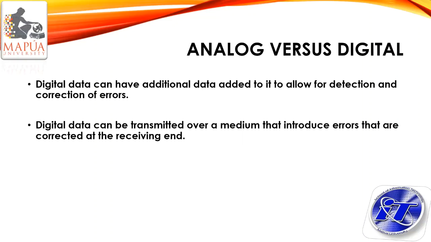So we could easily correct those errors encountered by a signal when it is received by the receiver. So it is easier to get the original data using digital compared with analog, even though it has lots of noise when we transfer it. Again, it is easy to implement error detection and correction when using digital compared with analog.